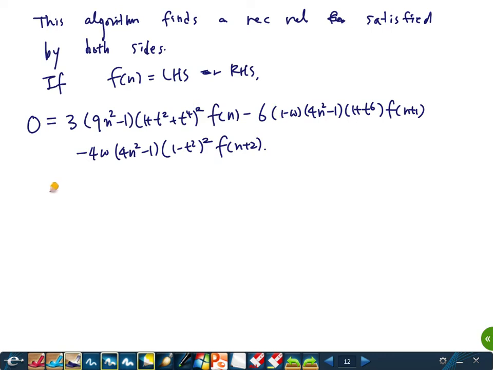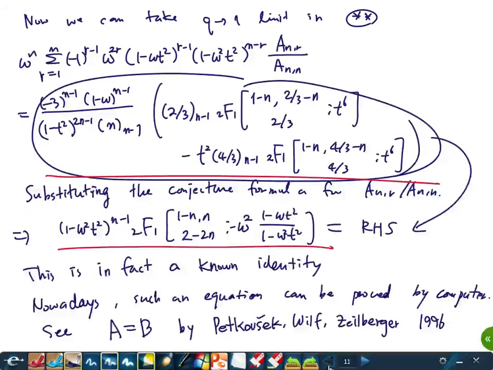So if one checks that the equation is true for n equals 1 and 2, then by this recurrence relation, it's true for all values of n. So it will be proved. So this is a very interesting book. The PDF is freely available online.